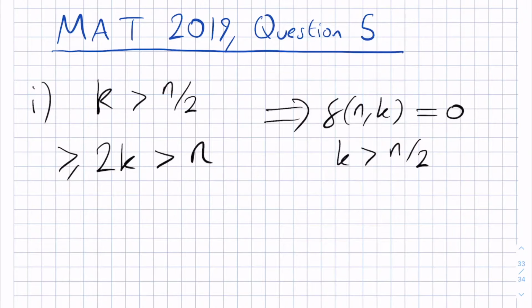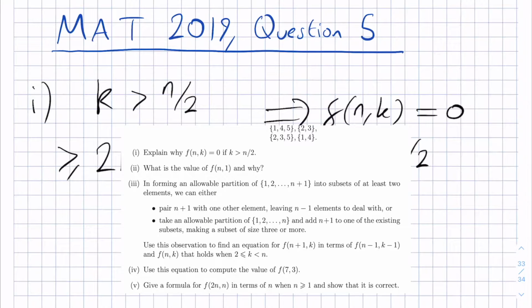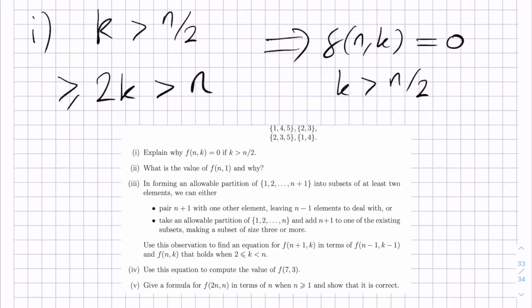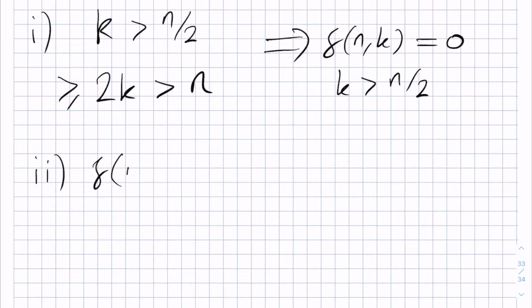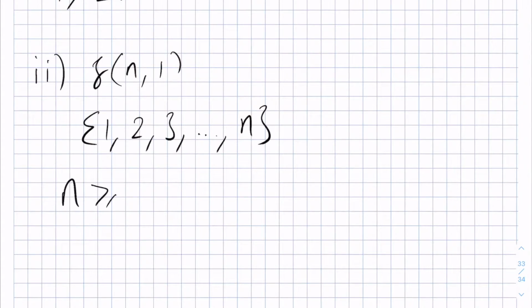The next part of the question says, what is the value of f of n,1 and why? f of n,1 looks at the number of ways to write 1, 2, 3, all the way up to n into one subset. If n is greater than or equal to 2, then f of n,1 is equal to 1, because this is the unique way to have this allowable partition.